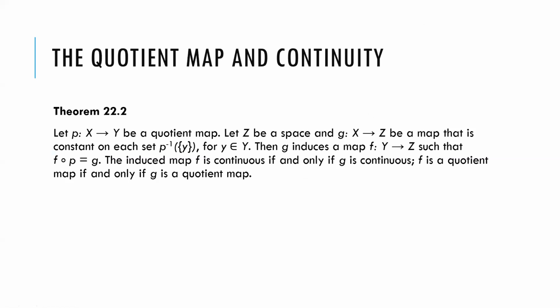So if P mapping X to Y is a quotient map, let Z be a space and G mapping X to Z be a map that is constant in each set P inverse of y for y belonging to big Y, then G induces a map F which maps Y to Z such that the composite F after P equals G. And the induced map F is continuous if and only if G is continuous, and F is a quotient map if and only if G is a quotient map.